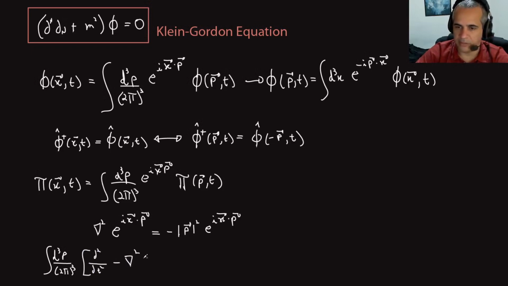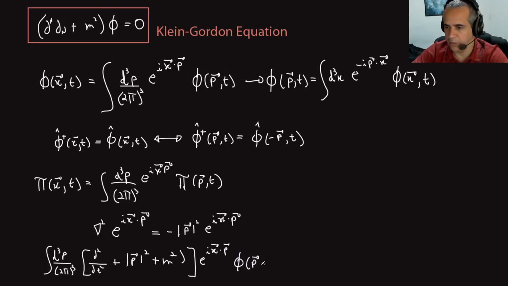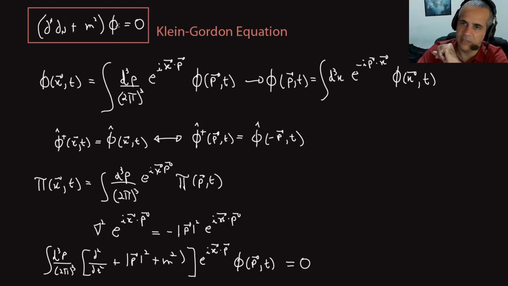Then I have minus this, but that I can exchange by plus p squared, which is because this derivative acted on the exponential, plus m squared, the exponential of i x p acting on phi of p, t, and this is all equal to 0. I just substituted this in here and acted with the space derivatives on the exponential that was here, so I essentially exchanged the space derivatives in this way.